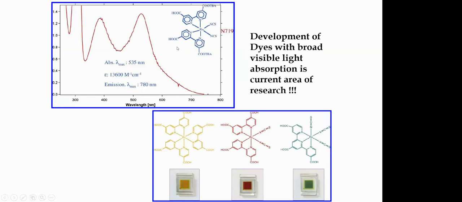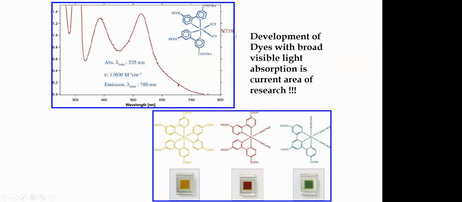So these are components which are in the development stage. This is a commercially available dye that one can buy. But people are trying to develop different dyes, and if you integrate the dye with this assembly, you have FTO, then you have nanocrystalline TiO2 as an electron transport material.